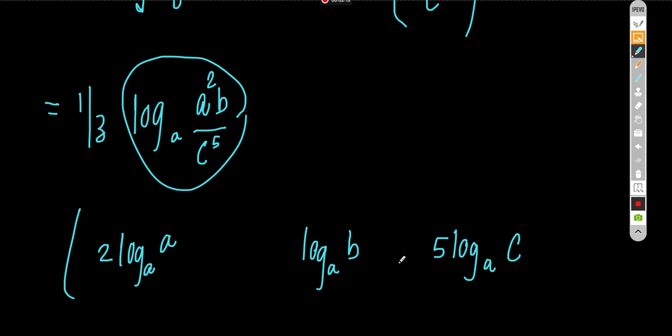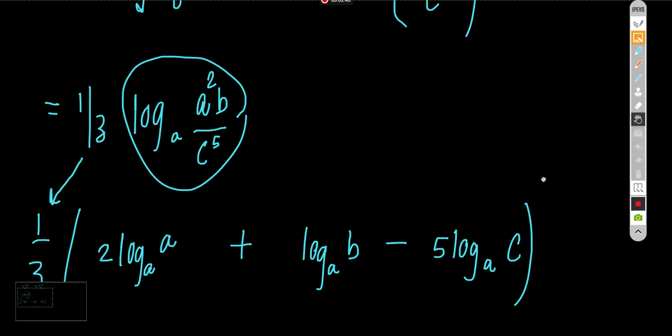Now, since the C to the fifth was in the denominator, remember anything in the denominator gets subtracted. And the A and the B were multiplied, so when you expand that, they're added. But you can't forget about that 1/3 that you put in the very front, because the 1/3 was the cubed root from the very original problem.